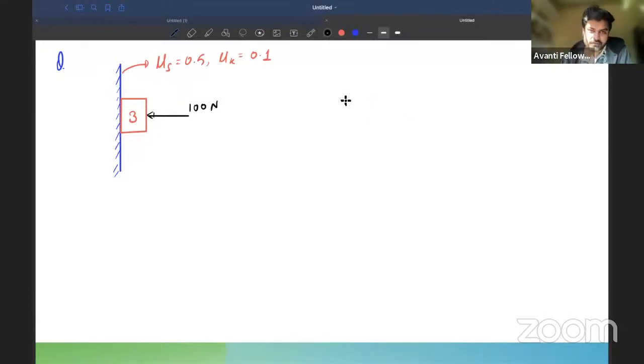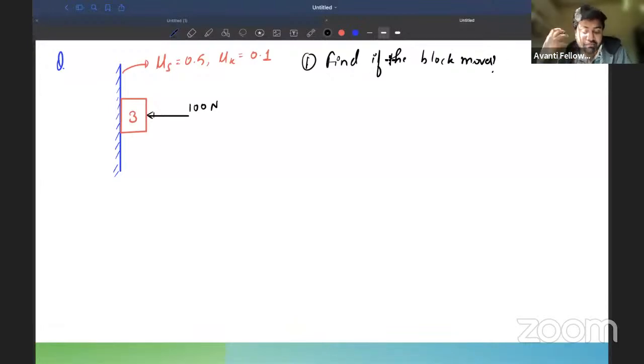Okay? So पहला, the first question, find if the block moves. क्या ये block move होगा कि नहीं?